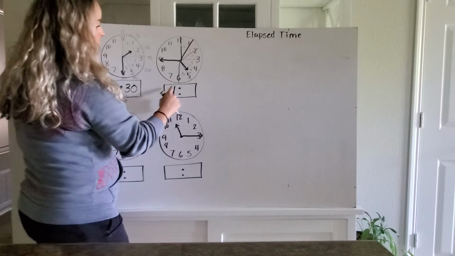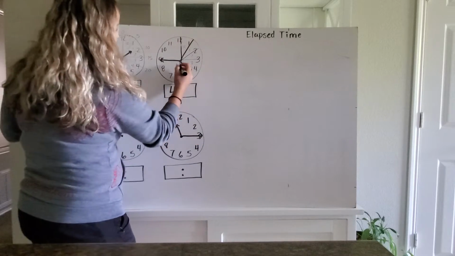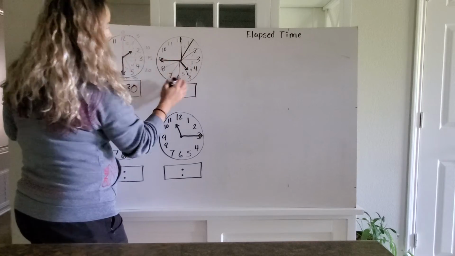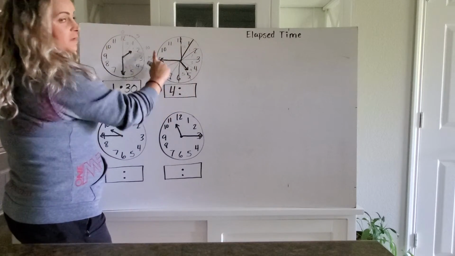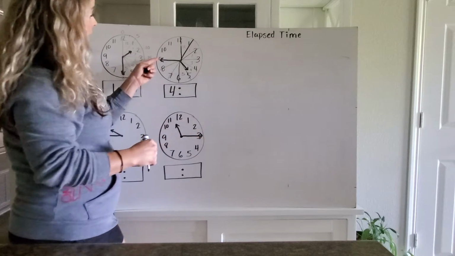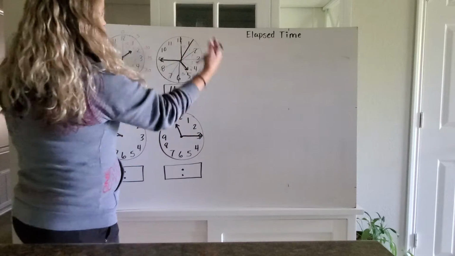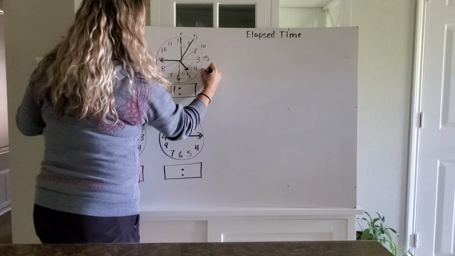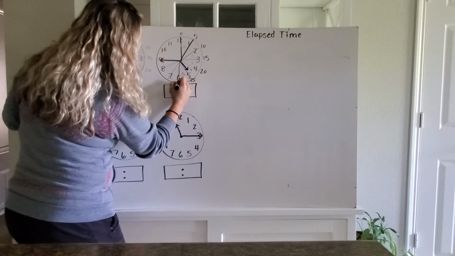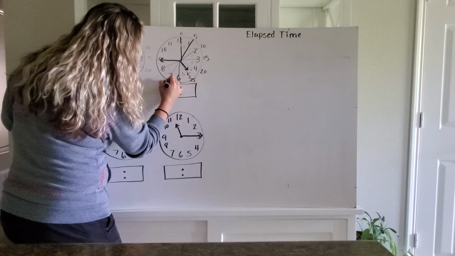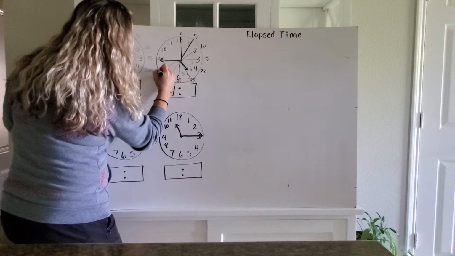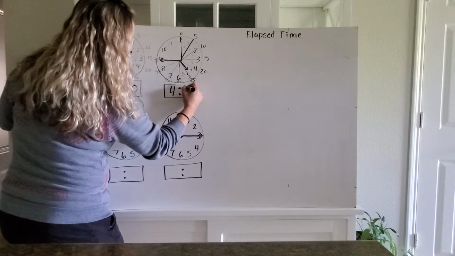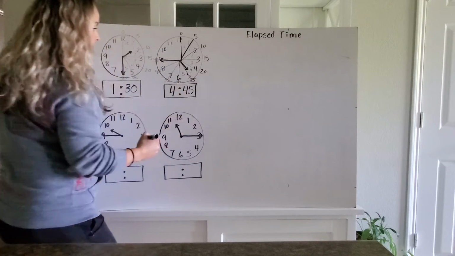So it's 4, and then I have to skip count. Each one of these spaces is 5 minutes. So if I want to figure out how many minutes to put right here, I have to count by 5. So 0, 5, 10, 15, 20, 25, 30 down at the bottom, 35, 40, 45. So it is 4:45.